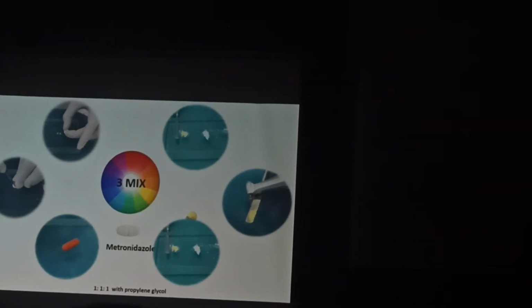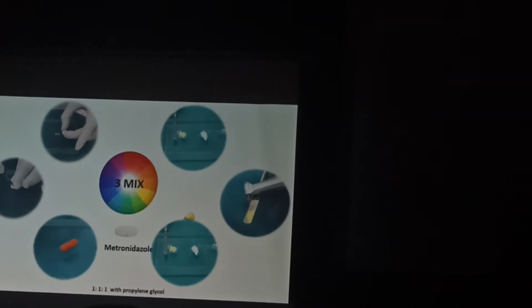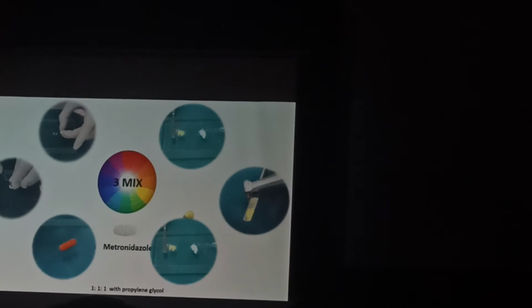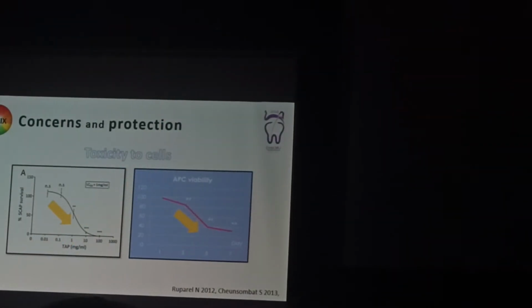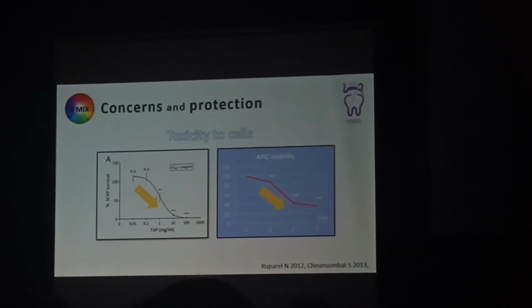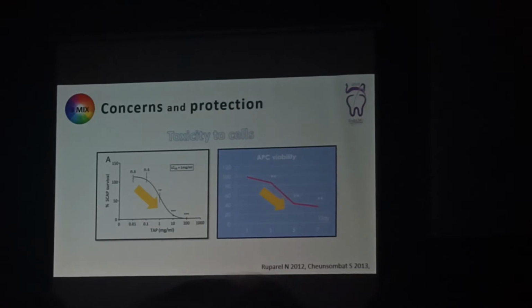Some recommend using a lentulo spiral, and some recommend using a syringe to place the medicine inside. However, there are some concerns because antibiotics themselves seem to have some toxicity.